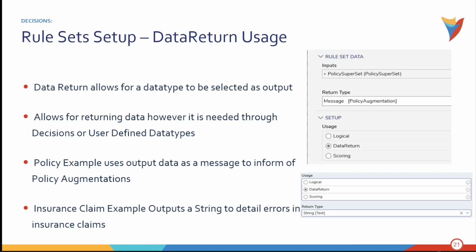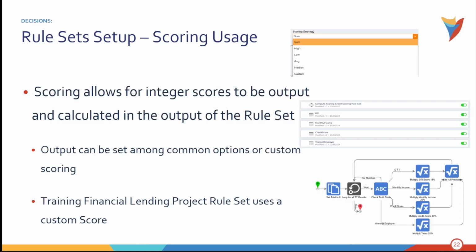The policy example that I mentioned earlier had a return type of message to output some kind of policy changes or anything that was made through the rule set process. The insurance claim example that I had mentioned outputs data. So there's a string that details any errors that may have happened in that insurance claim or reasons why that insurance claim is invalid. So it outputs a string. So you can have data come out of it.